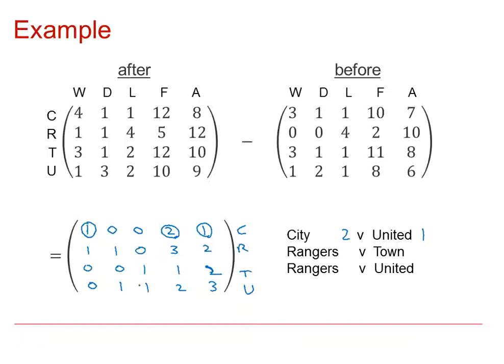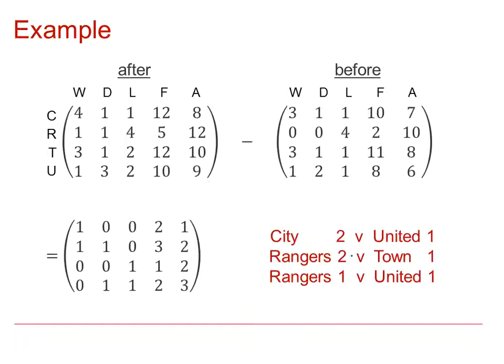Likewise, if you look at Town, they played 1 game which they lost, they scored 1 goal and conceded 2 goals. So Town scored 1 goal and conceded 2 goals. And similarly, you can work out the result of the last game, which was Rangers 1, United 1.